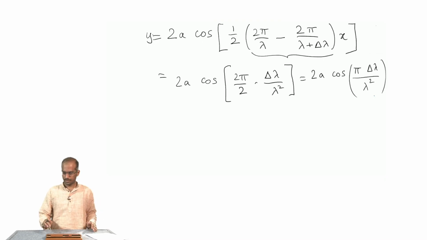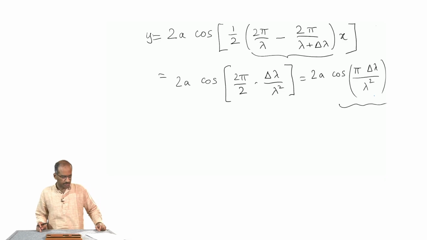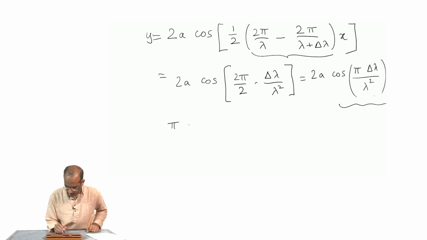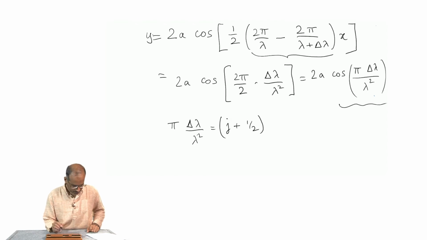At what points do zeros of this function occur? The cosine function would go to 0 whenever the argument, which is pi times delta lambda by lambda square, is equal to some integer plus half times pi.